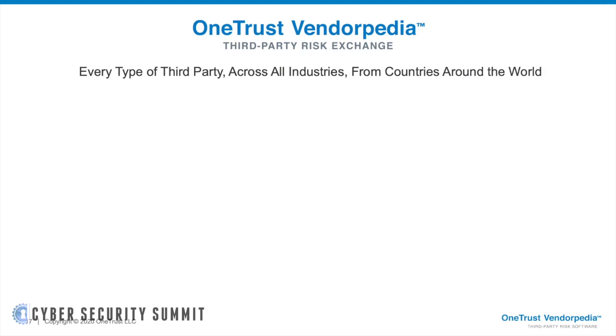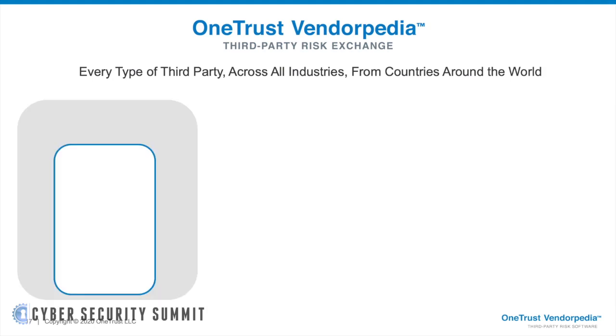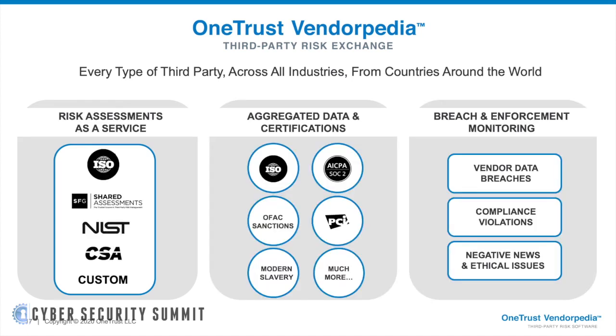So lastly, I did want to talk to you about OneTrust Vendorpedia, helping to streamline the process of managing your third-party risks. So implementing the third-party risk exchange, storing previously completed common assessments for shared use, also able to send out the request for custom assessments, providing assessments as a service so that your team can focus on risk remediation rather than chasing those assessment answers.